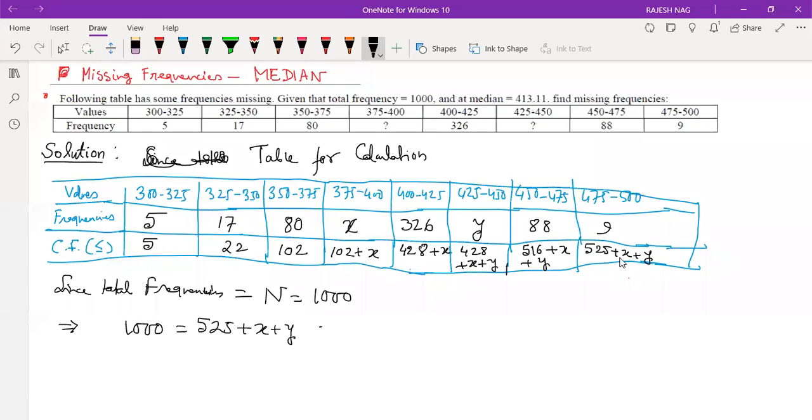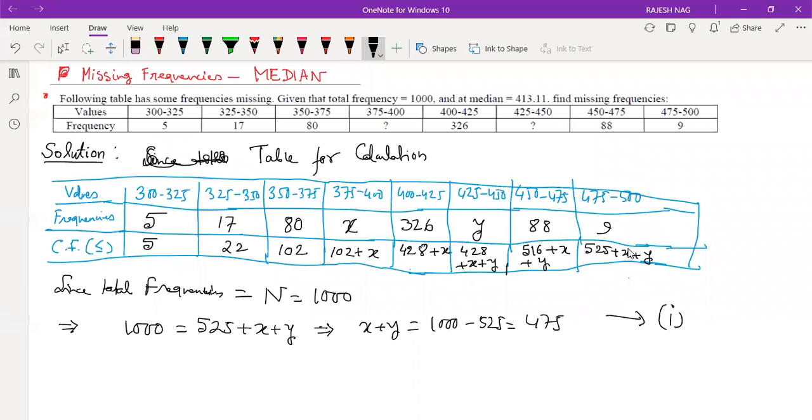So 525 plus x plus y is equal to n. That implies x plus y equals 1000 minus 525, that is 475. So you can write it as equation number 1.